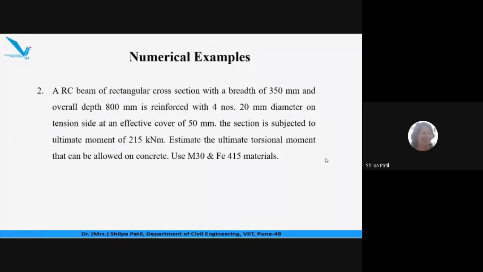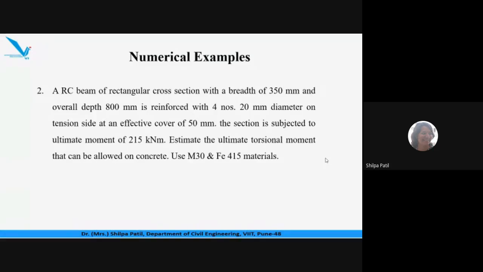Before starting the solution, let us understand what exactly we need to calculate. If you read the problem statement carefully, what is the given data? The dimension of the section is already given, the width and the overall depth. The details of tension reinforcement is also given, that is four number of 20 mm diameter steel on the tension side, so Ast we can find out.